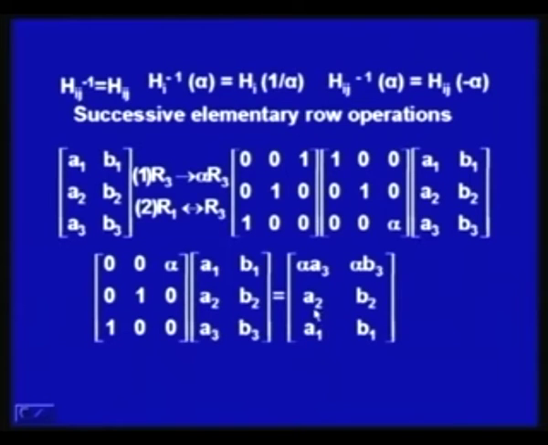So, we will have only A2. Similarly, when you multiply this by this, we will be having A1. So, the idea is when we apply these 2 operations successively, we will have this matrix. This can be obtained directly applying to this, or you apply a series of elementary matrices.